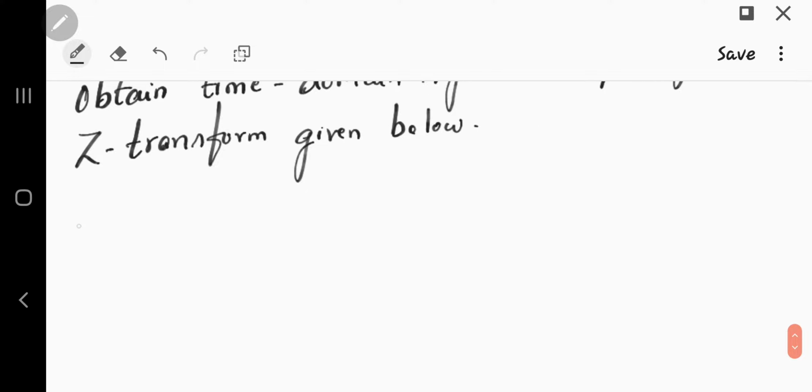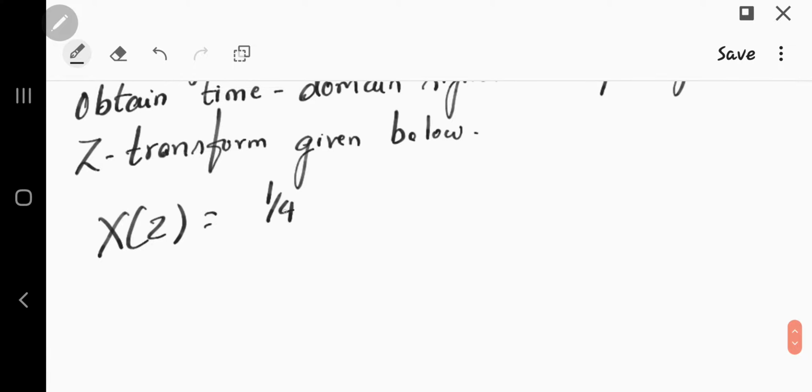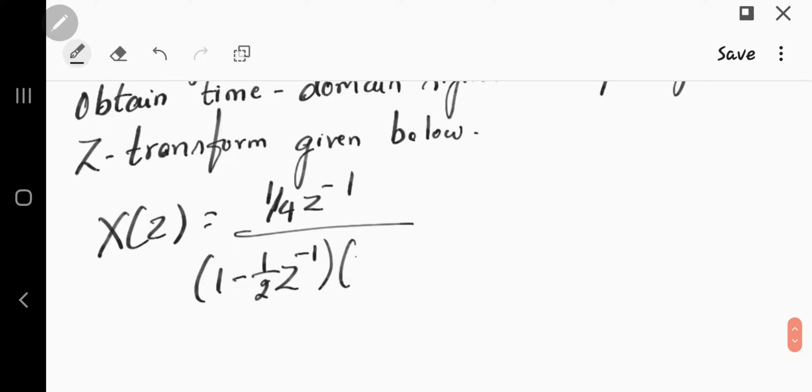So here we have X of z as 1 by 4 z inverse divided by 1 minus 1 by 2 z inverse and 1 minus 1 by 4 z inverse.